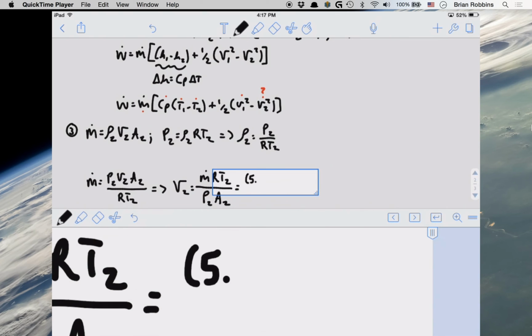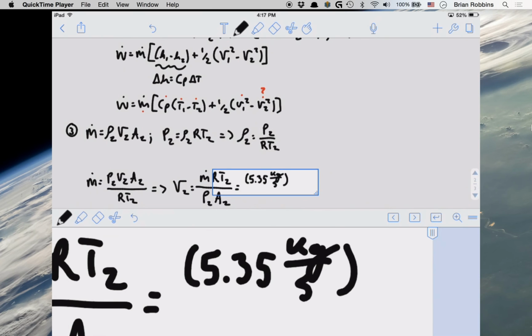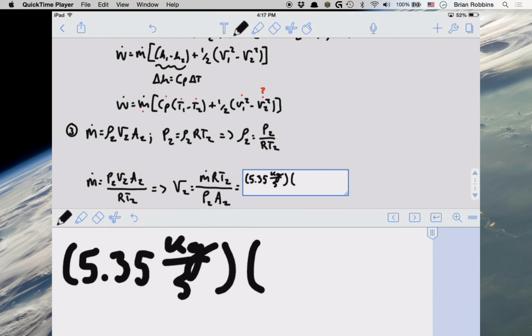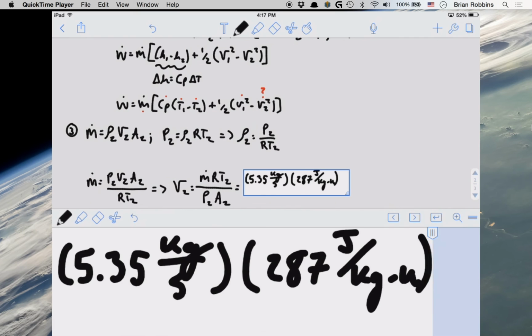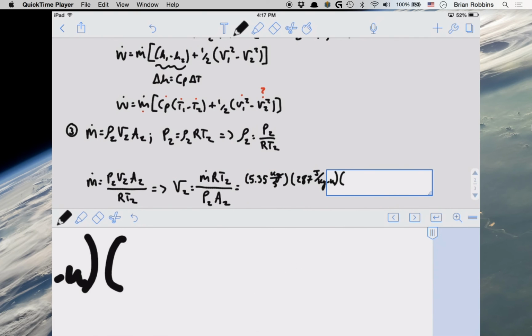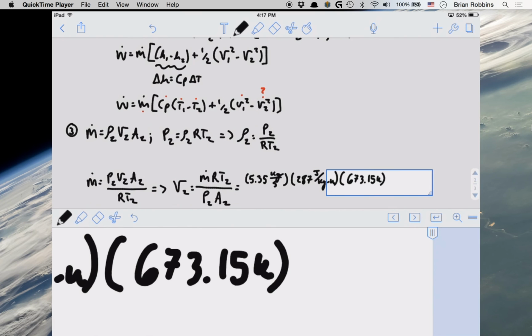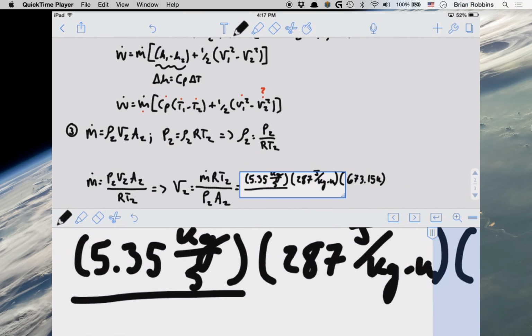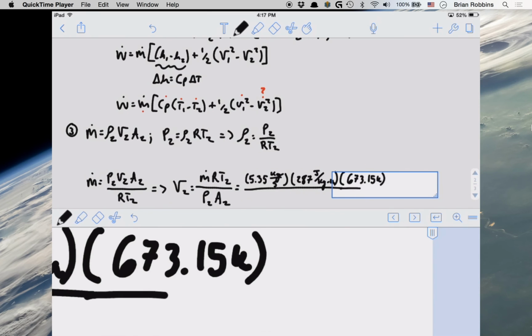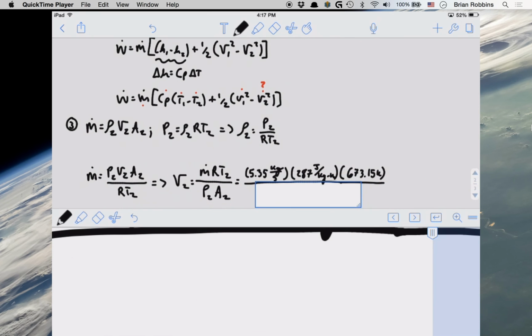So we have our mass flow rate, we have our individual gas constant, we have our temperature, all divided by our pressure. Let me rewrite that.